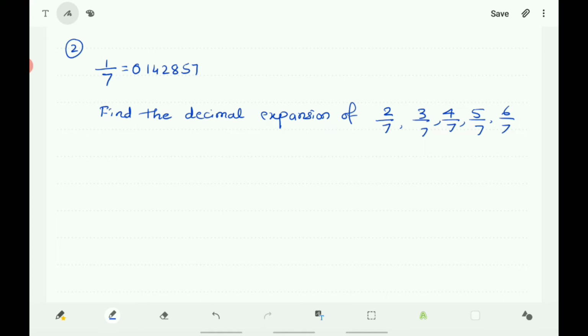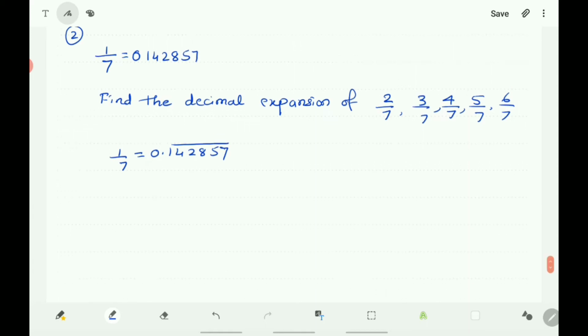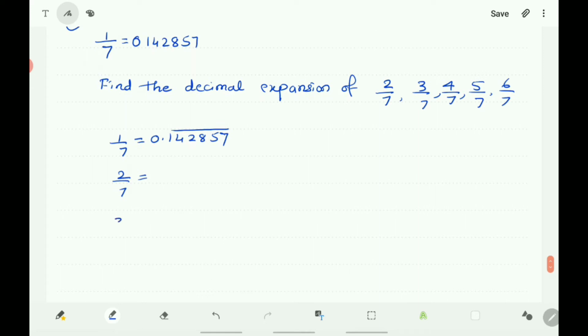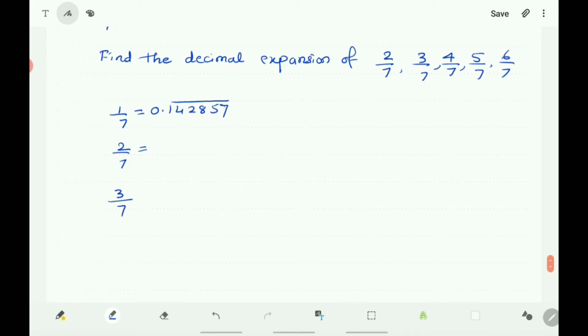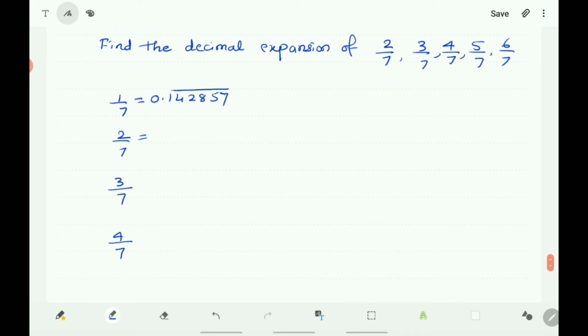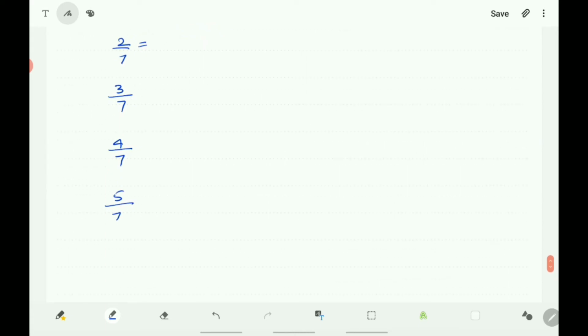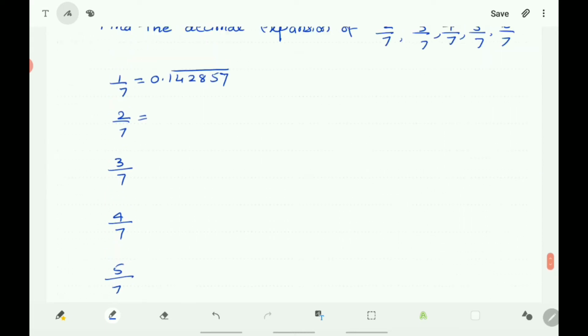Here, it is given that 1 by 7 is equals to 0.142857 and all the 6 digits are recurring here, and you must find 2 by 7, 3 by 7, 4 by 7, 5 by 7 and 6 by 7.